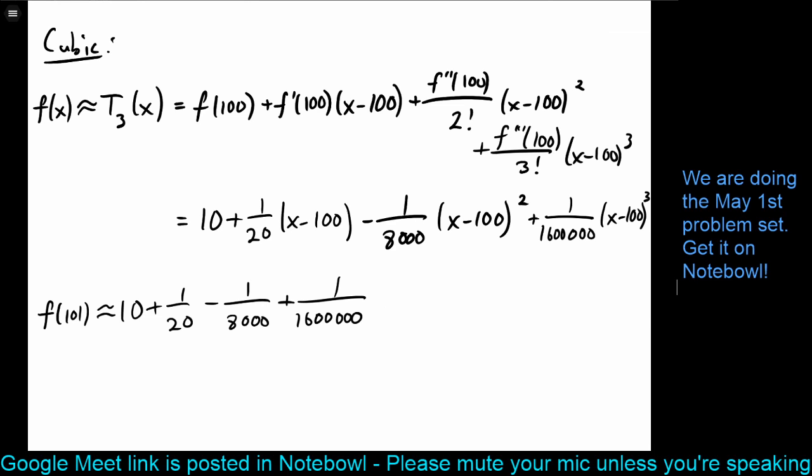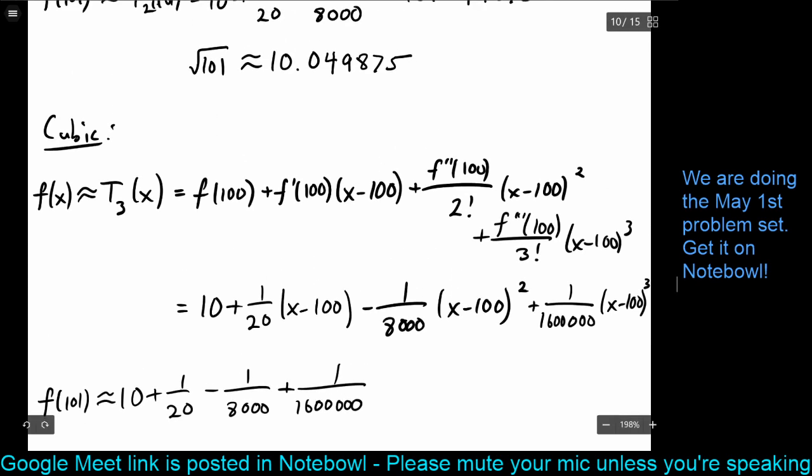And let's see here, 1 divided by that, plus 10.0487. So this number is 10.04987563.